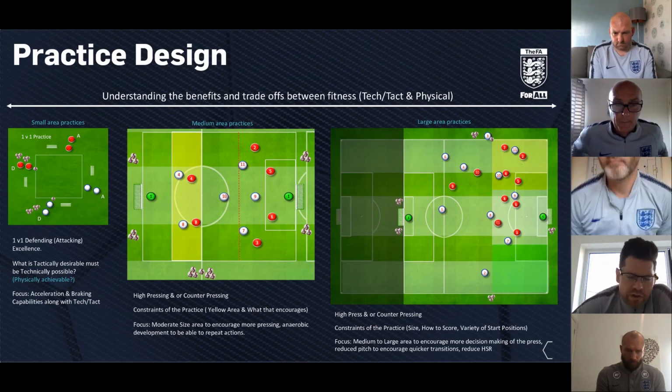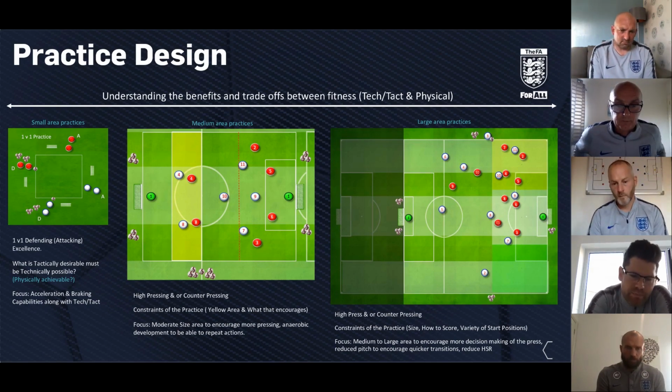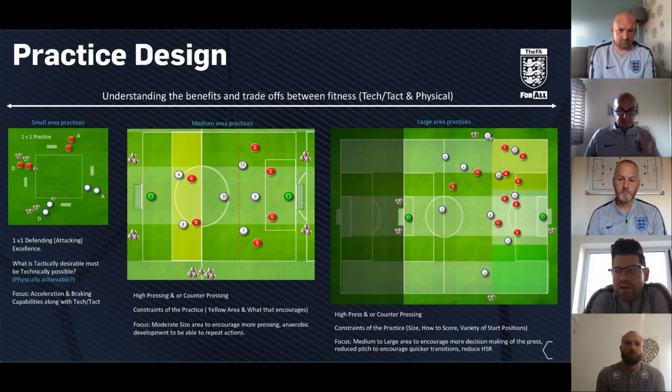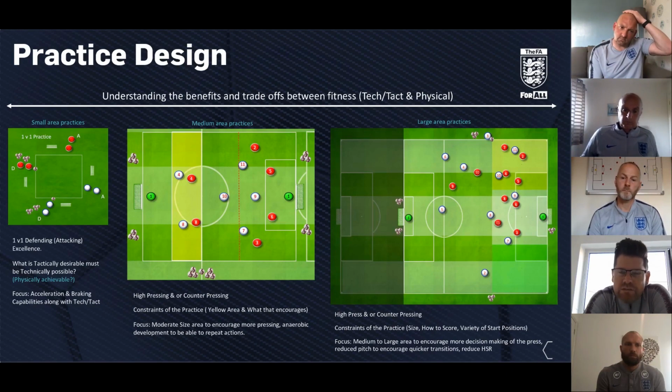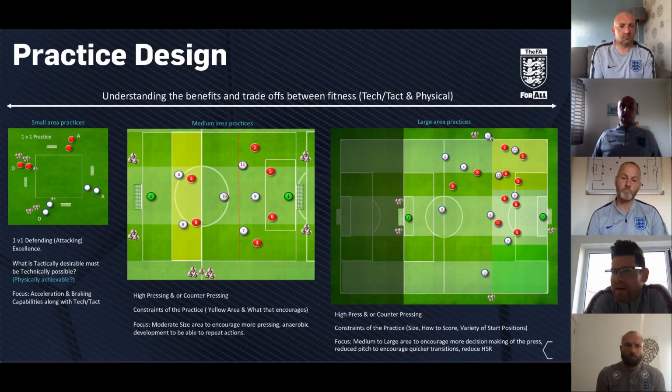So for us, we're operating off 3-year cycles at the minute. Where we have a physical periodization, we've also got a tactical periodization. Matt was talking earlier about the building blocks of the physical performance, to them being able to do sustained work by the time they hit a European under-17s finals or a World Cup at under-17s, is really important.